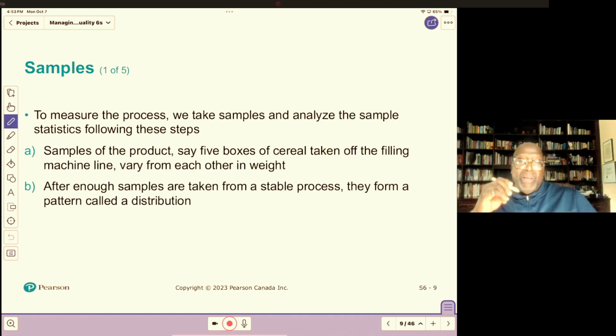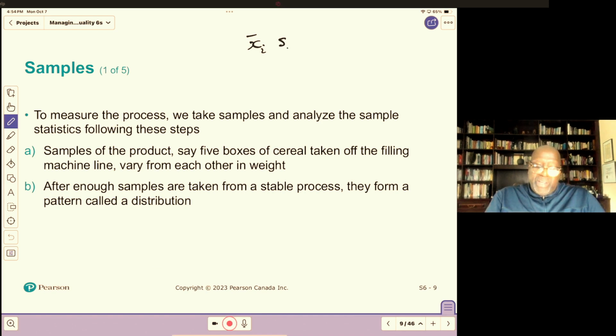And that sample will give us a sample mean, an X bar, and a sample standard deviation, S_i. All right?